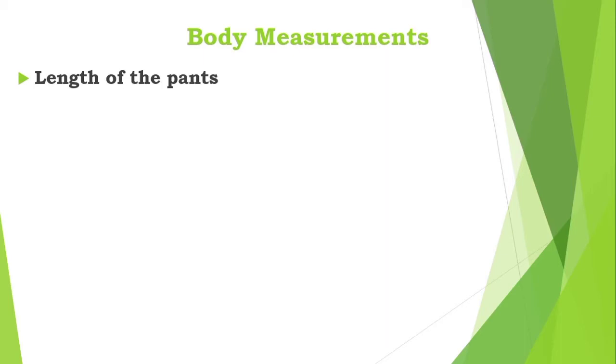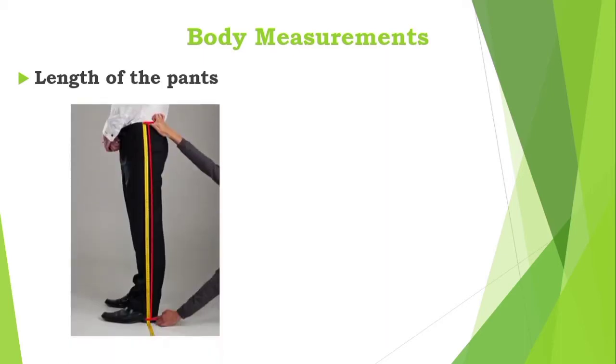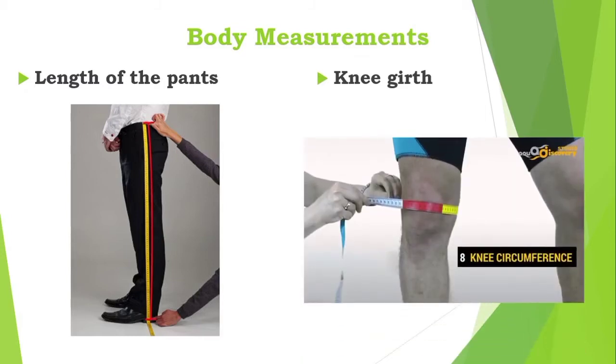Next, length of pants. This is how you're going to measure the length of the pants. This is taken from the waist going down to the desired length of the pants. Knee girth. Taken to get the width of the knee.